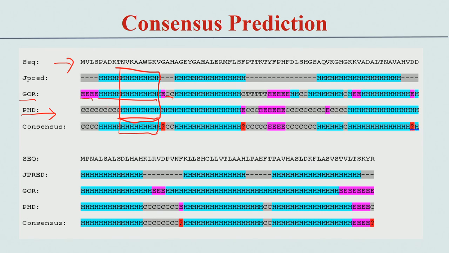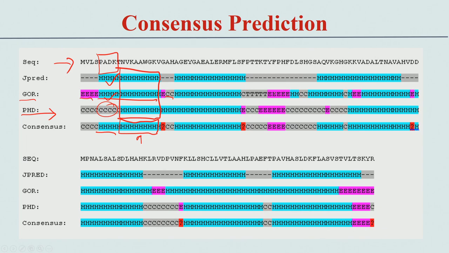And in this region, this predicts helix, this predicts helix, but this predicts coil. But if you take the majority of voting, out of 3, 2 predicted helix, so we can take this as helix. But we see the confidence: this may be predicted with higher confidence than this region, because here the probability is less compared with this helical region.